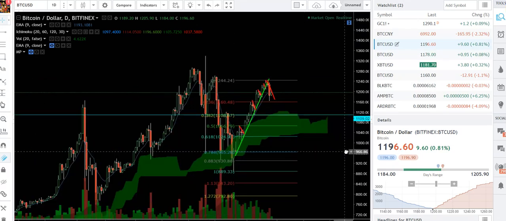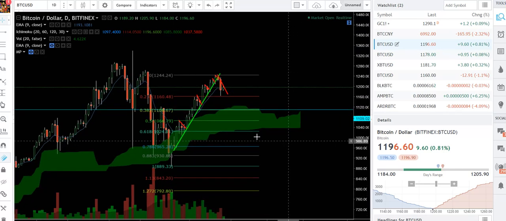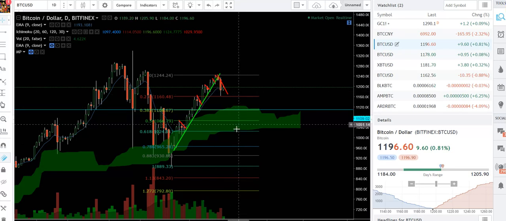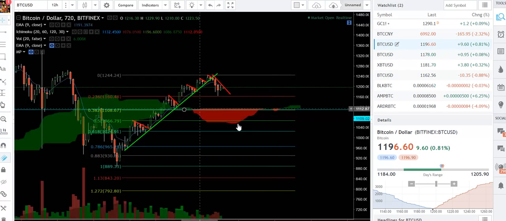Now, if we start seeing ourselves getting like a 50% retracement or a 61% retracement of this entire move, to do that, we're going to be dumping into the daily cloud again. We're going to be dumping into the 12-hour cloud again and into the 6-hour cloud again, dumping past it, below it.